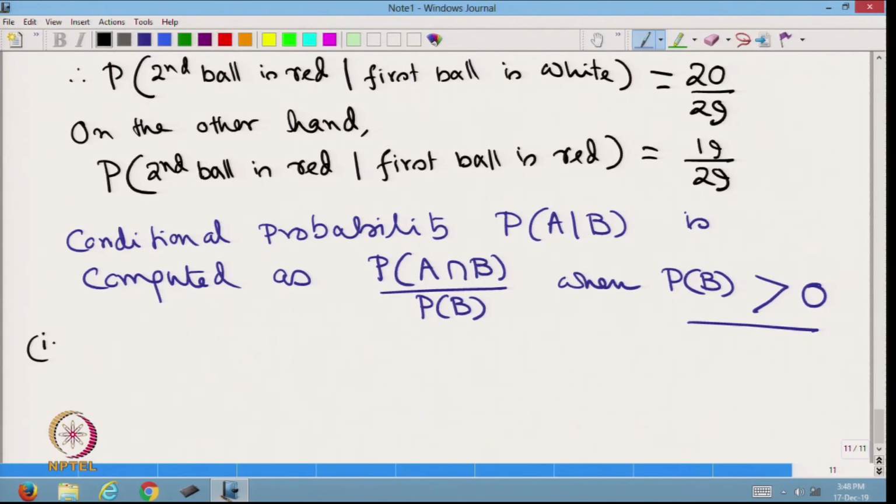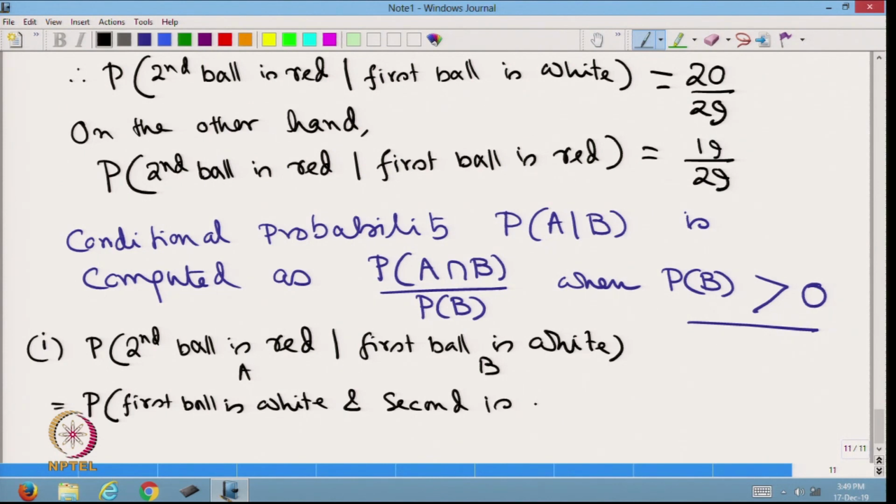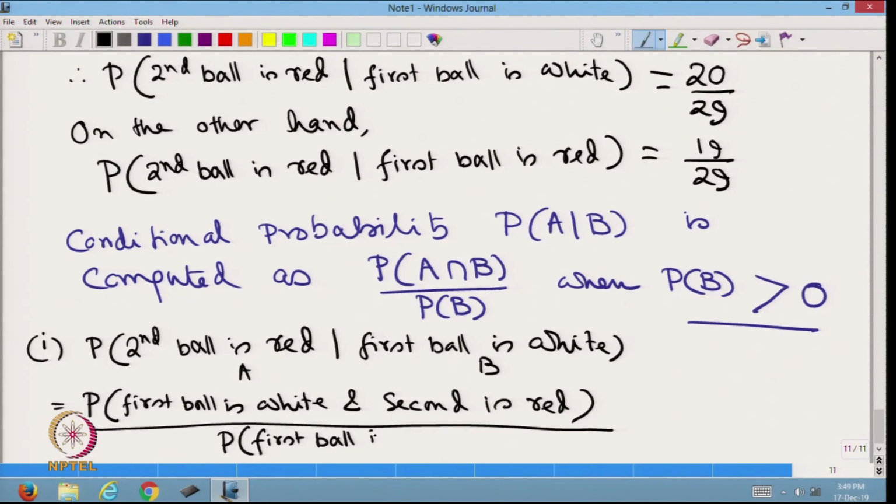Therefore, the probability that the second ball is red given the first ball is white, if this is my A and this is my B, is equal to the probability that the first ball is white and the second ball is red, divided by the probability that the first ball is white.